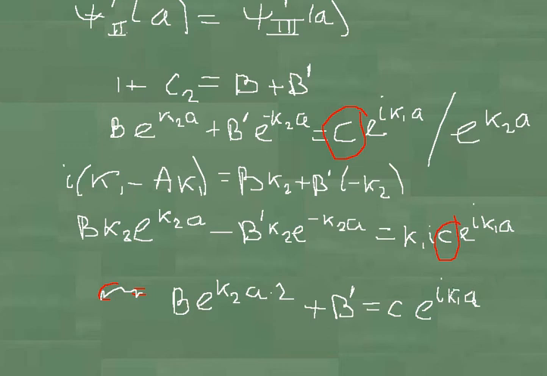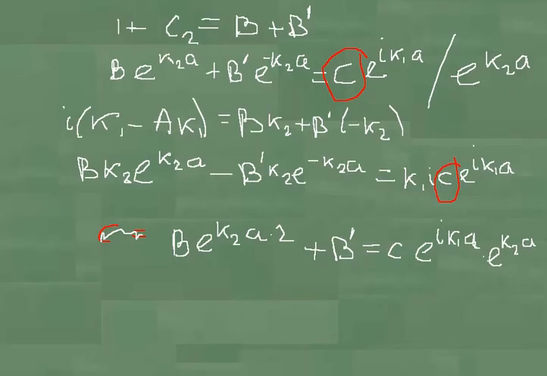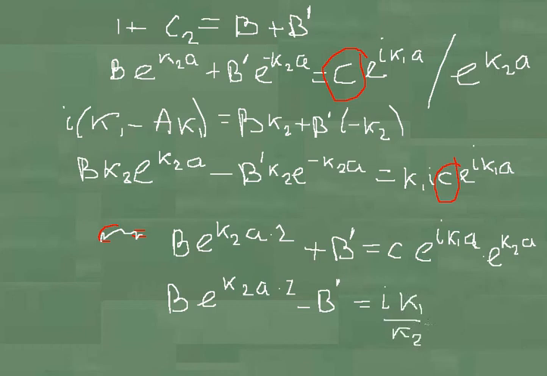After everything that was written, we can write something in addition. It's B e to the power k2 a minus B' e to the power minus k2 a, equals i k1 over k2 times C e to the power i k1 a.